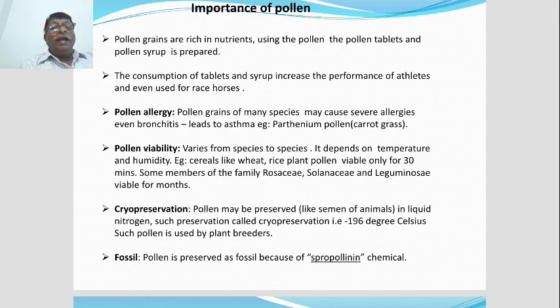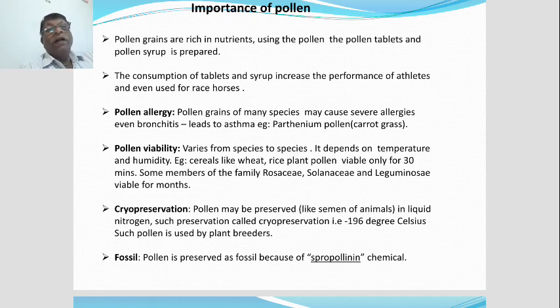The pollen is often used by plant breeders when they carry out breeding experiments. Breeding experiment means when they produce new varieties of plants, crop plants you can say.